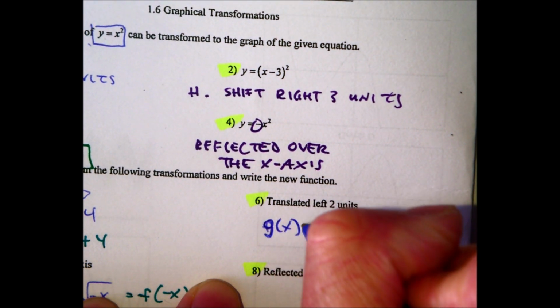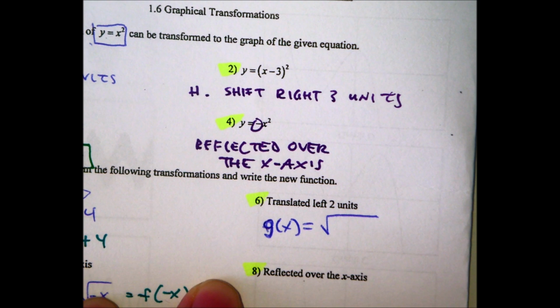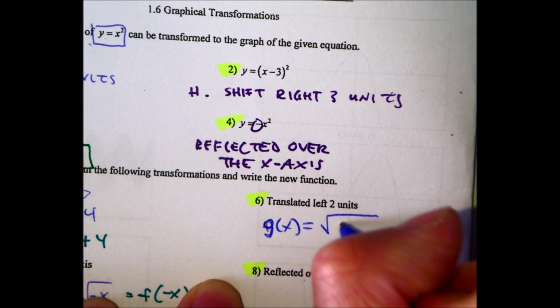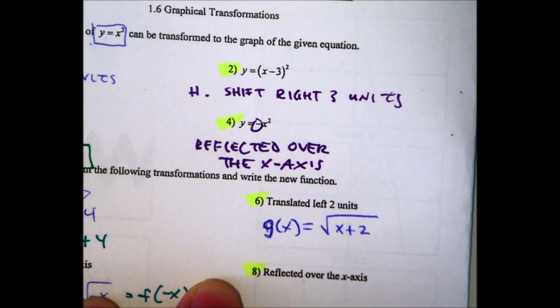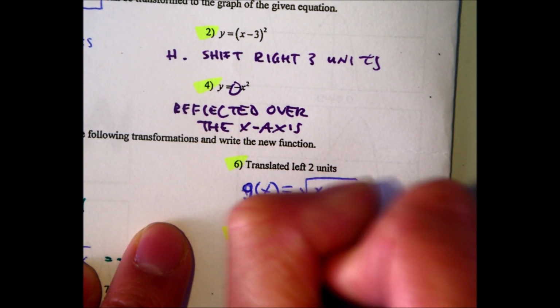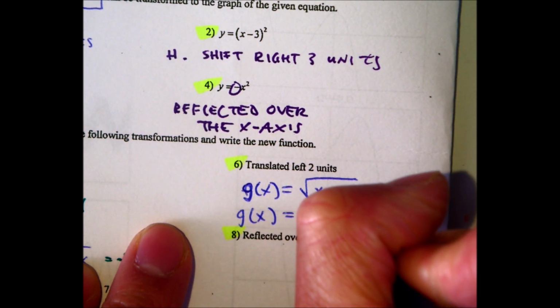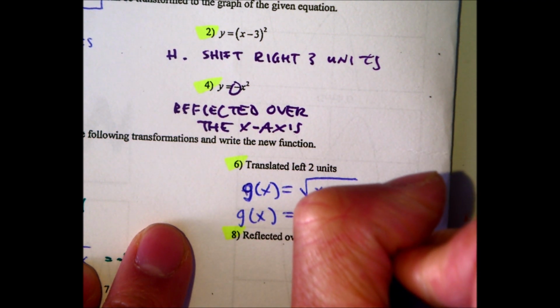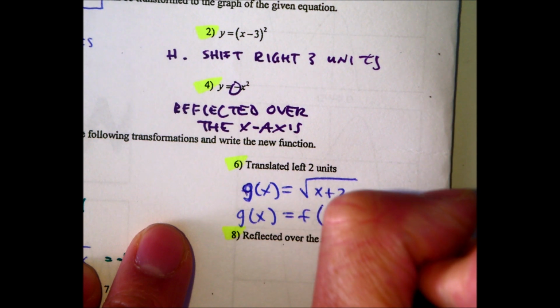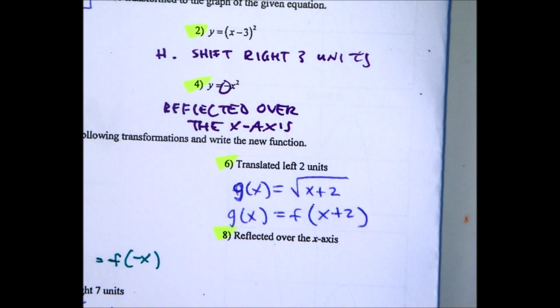G of x equals square root of x plus 2. That's correct. Another way you can write that, someone said, how can you write that with function notation? You're basically just moving it 2 units. So either of those would be acceptable. Okay?